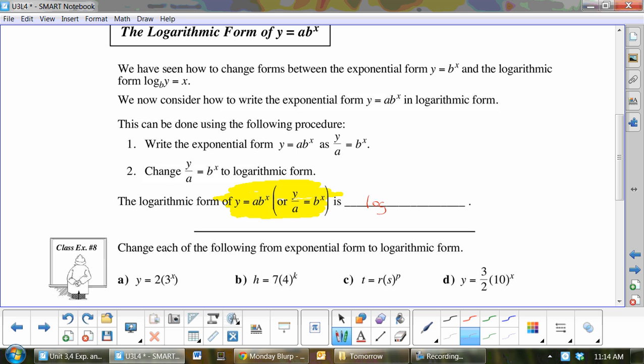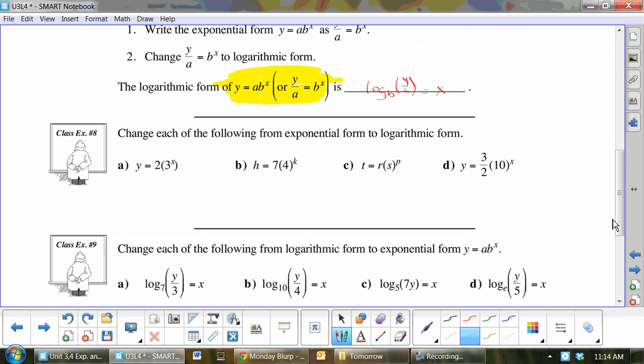Log base b of y over a should equal x. Okay. Let's put these in log form. They're all in exponential, I think you can see. We're going to do b, c, and d.